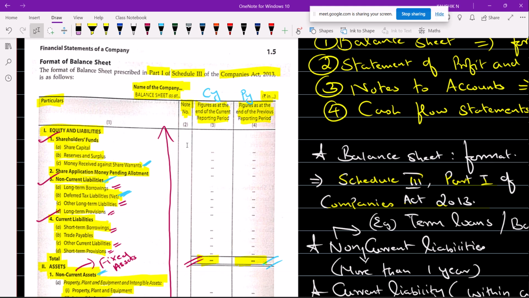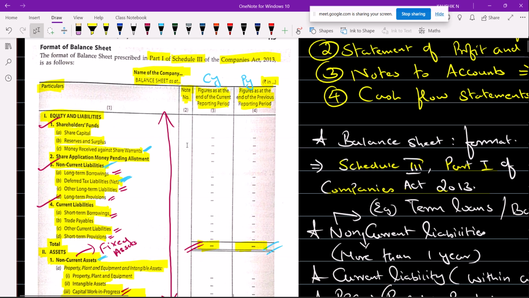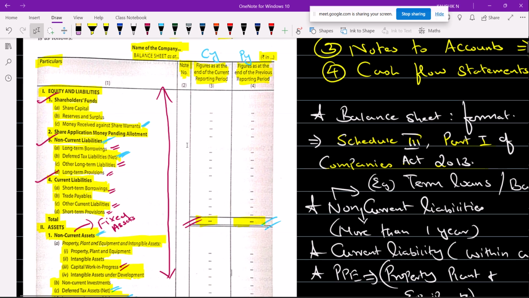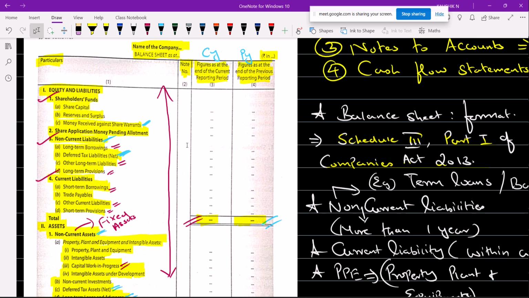I'm extremely sorry to use the word Partnership Act. So Part 1, Schedule 3 of the Companies Act 2013. So kindly write that and then copy down this format as it is. Once you're done with this format, let me know. We'll move on to the format of your P&L. Yes, quickly complete it. Once you've completed, let me know.